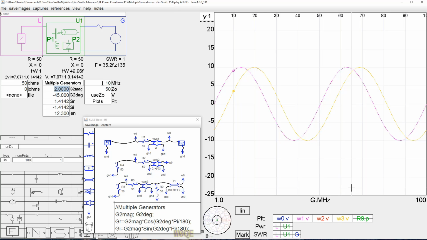So if I go to 11 megahertz here, look what happens. 12, 13, 14. I see the phase relationship between the primary signal and voltage control generator number 2 remain the same in degrees, but this to here is the same amount of delay in time.